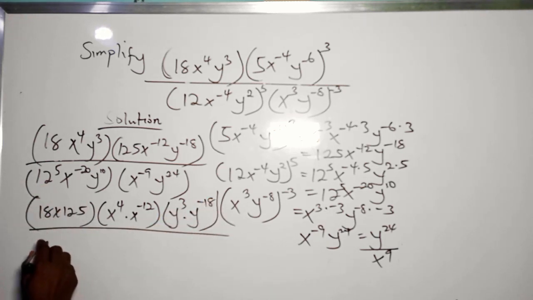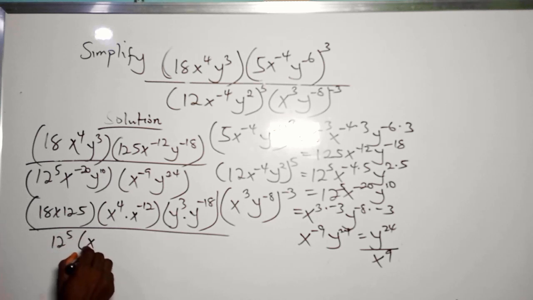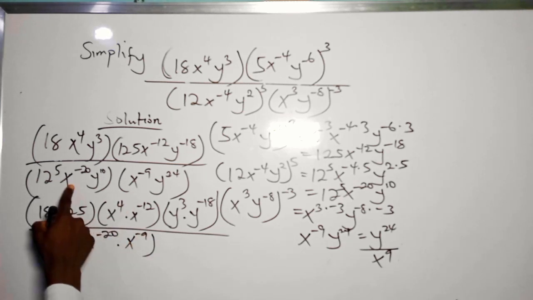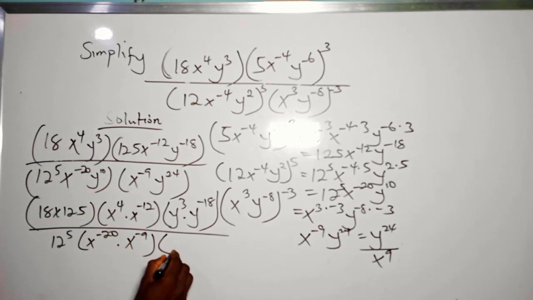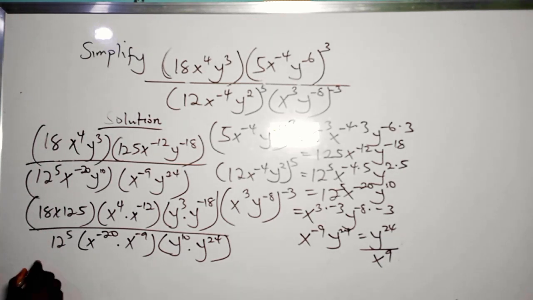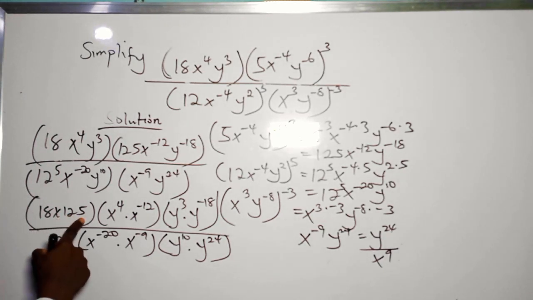The same thing applies here. We have 12^5 times x^-20 times x^-9, and for this, we have y^10 times y^24. From here, 18 times 125 gives 2250.